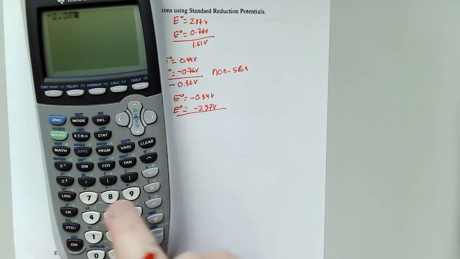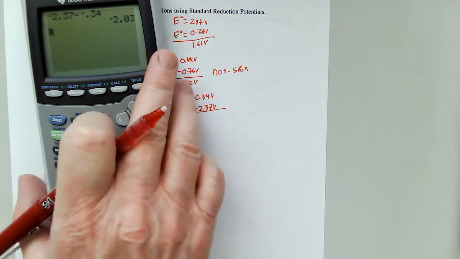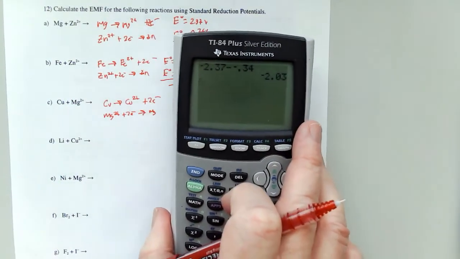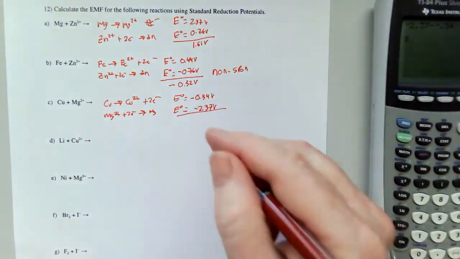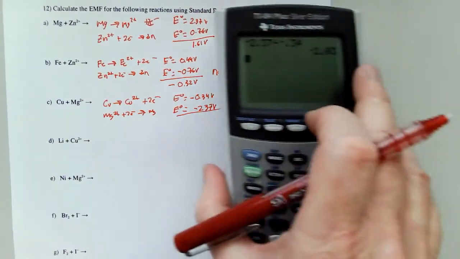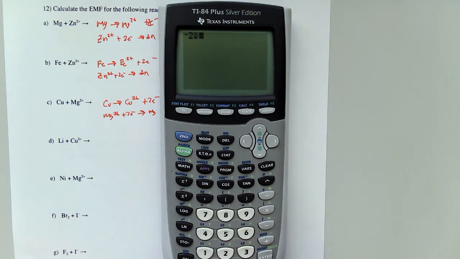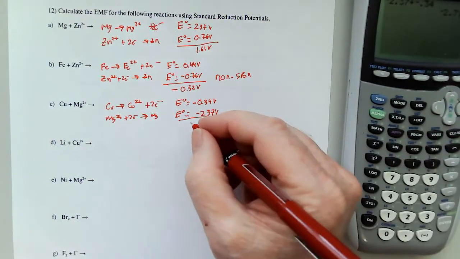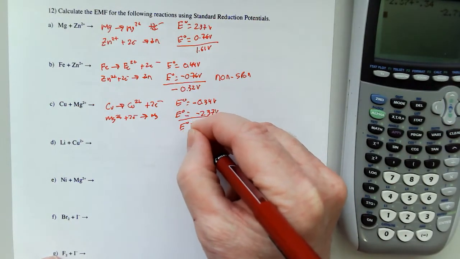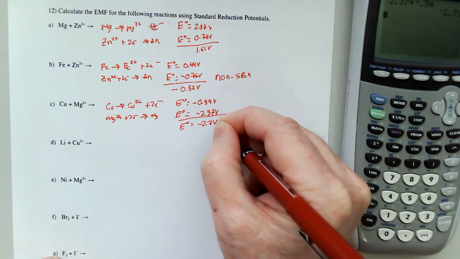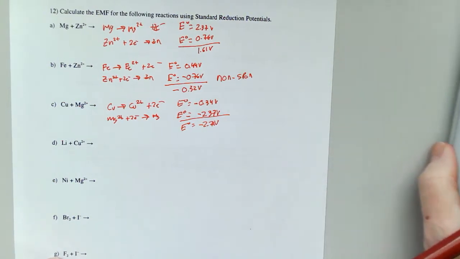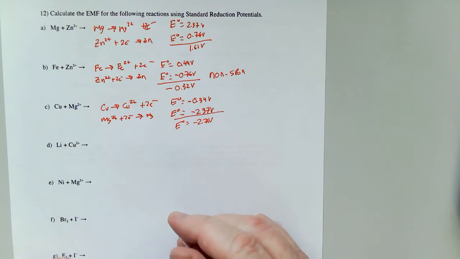Negative 2.37 plus negative 0.34, and I'm getting negative 2.03. Let me run that again. Negative 2.37 plus negative 0.34, and it's negative 2.71. I typed something in wrong there the first time. 2.71 volts, very negative, not going to be spontaneous.